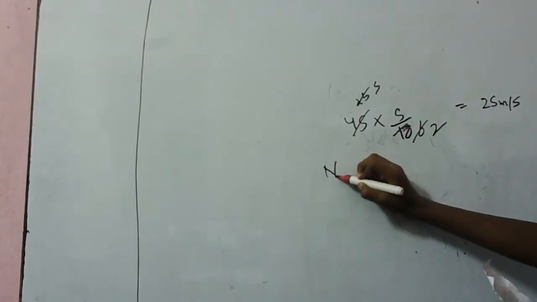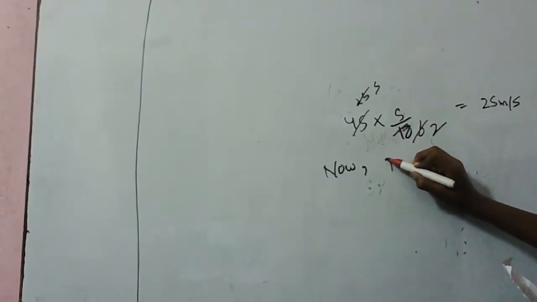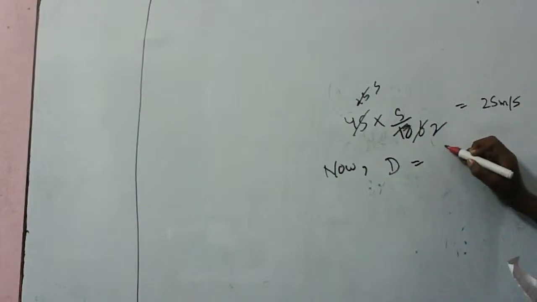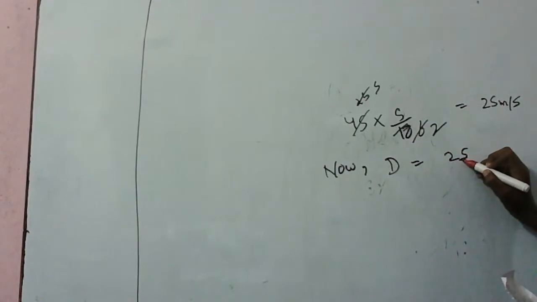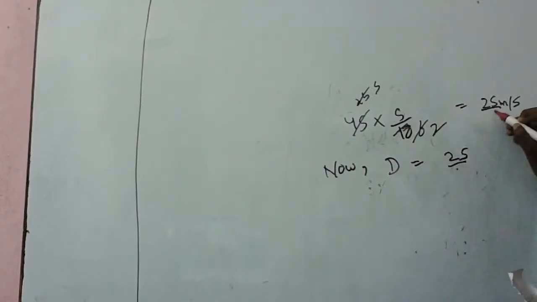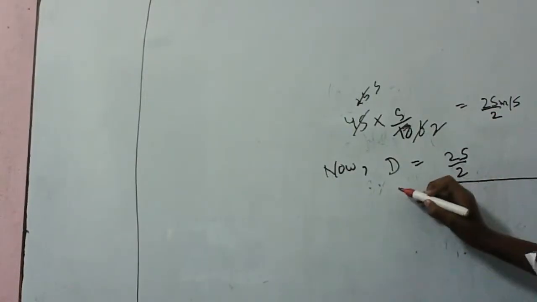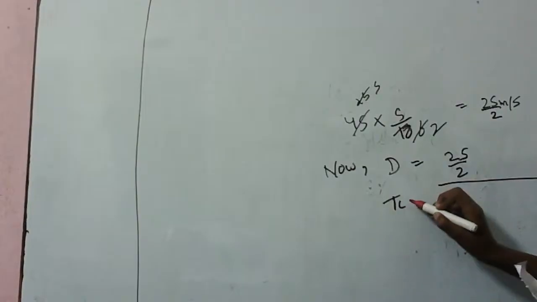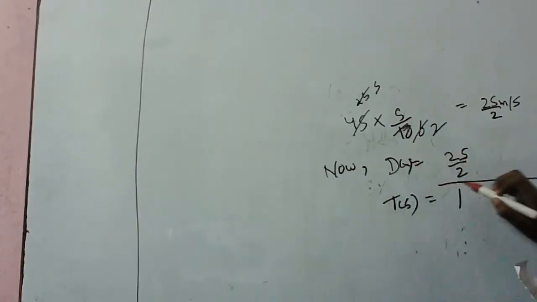Now, distance equals 25 by 2 meter in 1 second. Distance in meters and time in seconds.